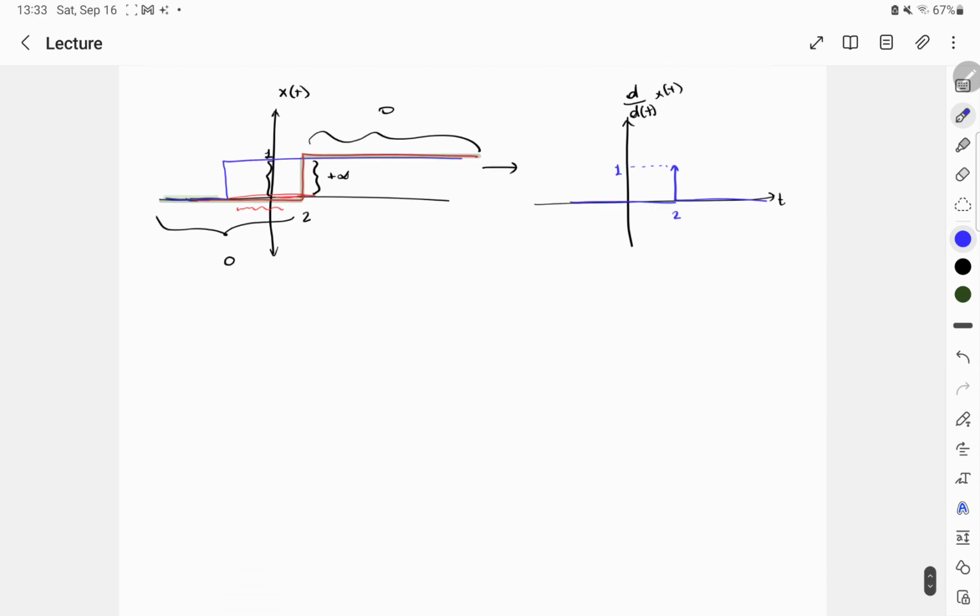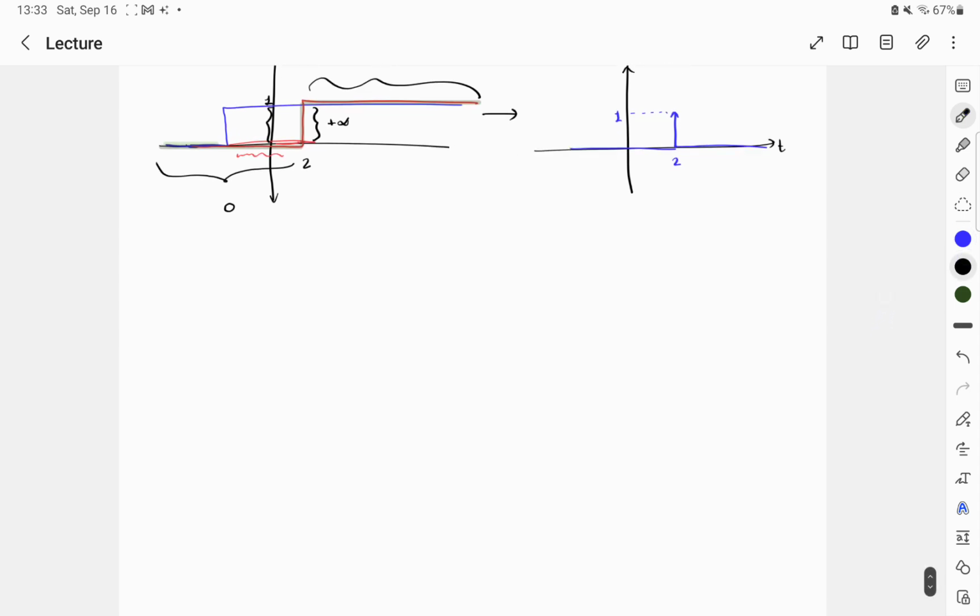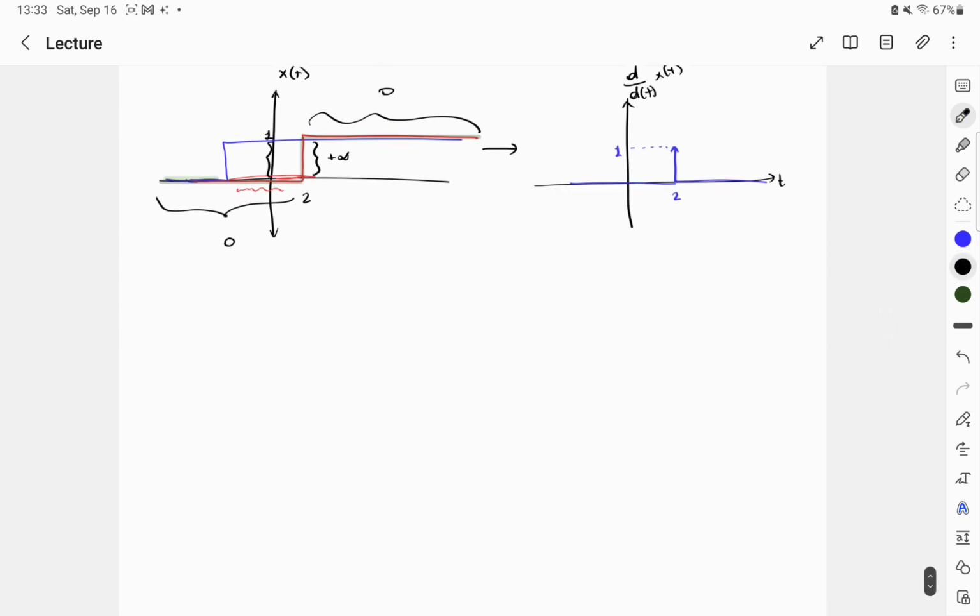And this is our function. However, is it done if we were going to continue with our calculations? It's not done because we are going to calculate also the DC value. Let me show you how. d over dt x(t), as we calculated, was delta(t minus 2).